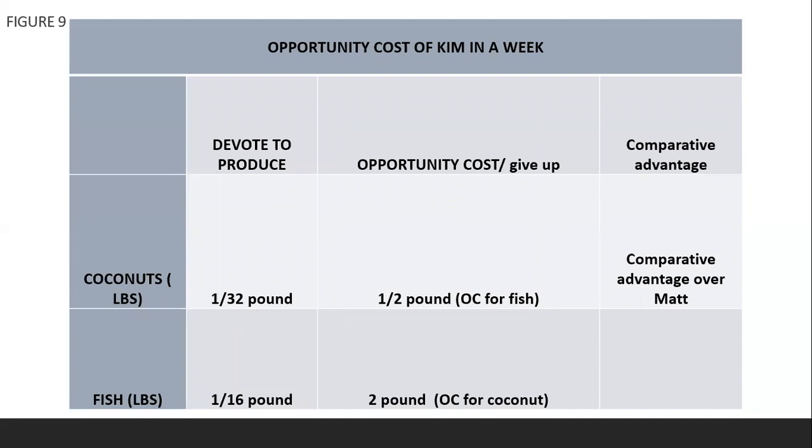Now, as you can see here, for the opportunity cost of Kim, the comparative advantage is that she can devote herself to producing coconuts and disregard the production of fish, because she has comparative advantage over Matt, right?